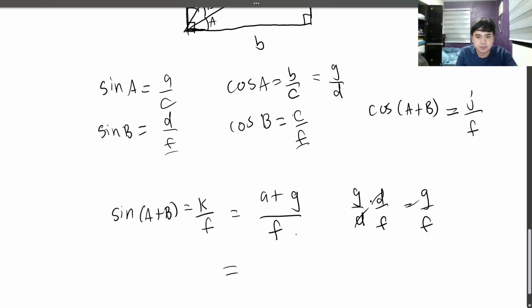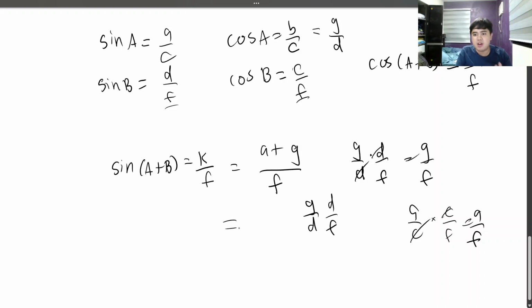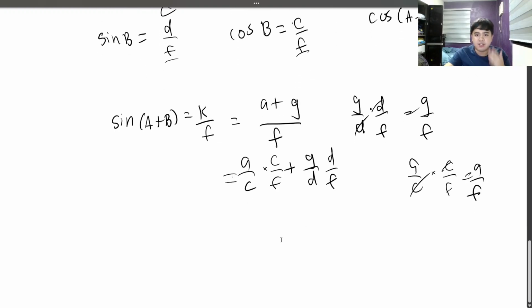So let's have G over F as G over D, D over F, and A over F. How about that? We have A over C and C over F. A over C times C over F. Cancel the C's, we get A over F. So we have A over F there. So A over C times C over F plus G over D times D over F.